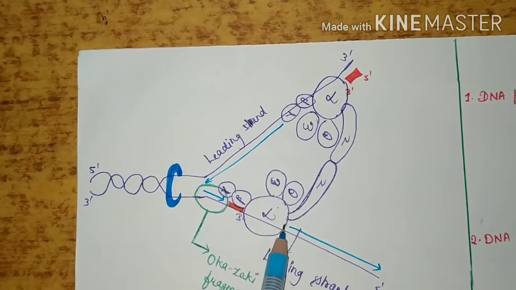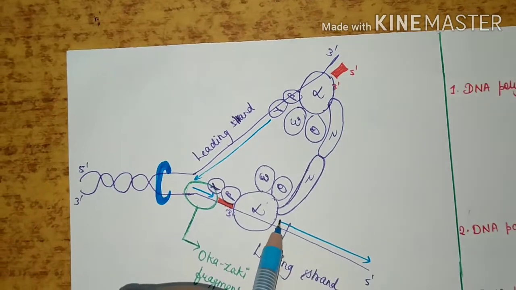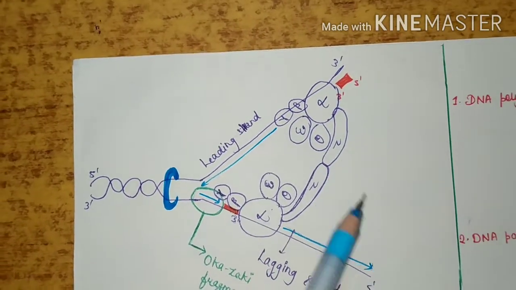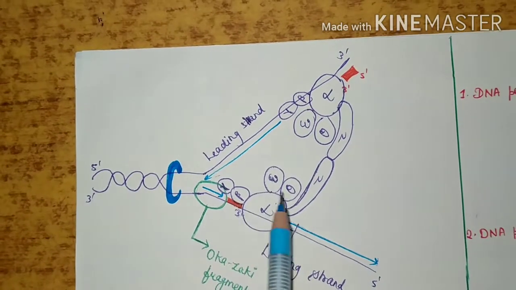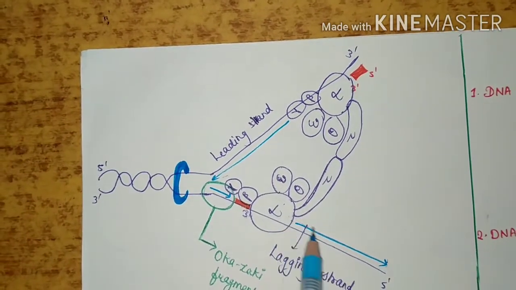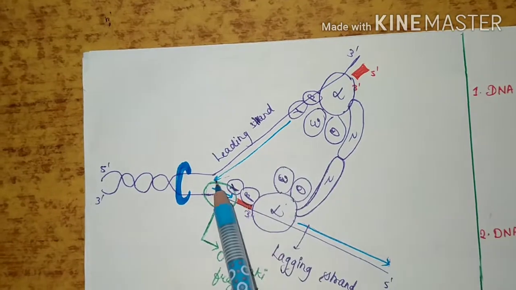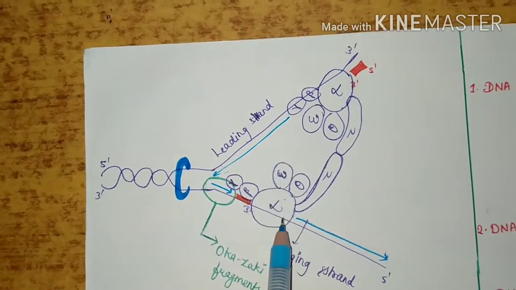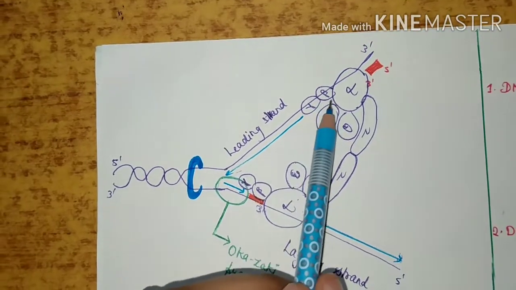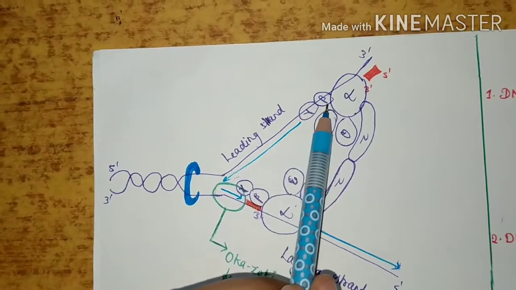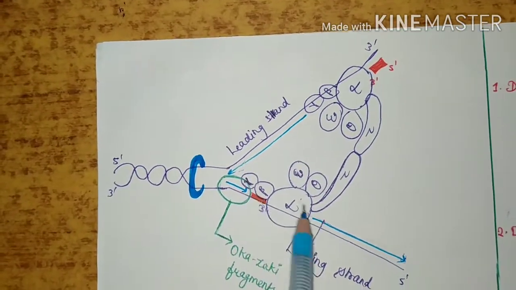If this alpha unit polymerizes in this direction and this alpha unit polymerizes the DNA in this direction, it will move here and this will move here, then it is stretched.